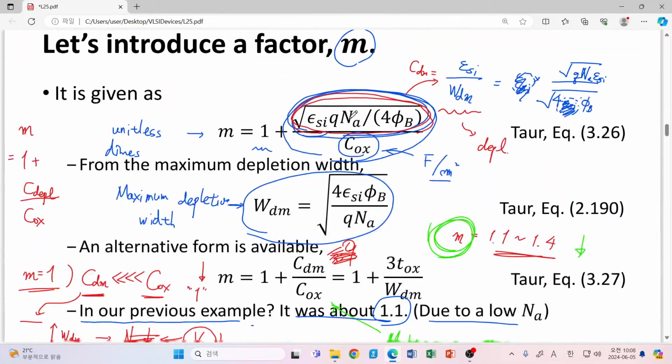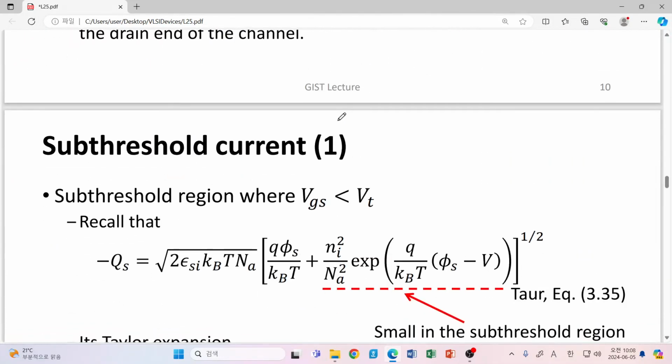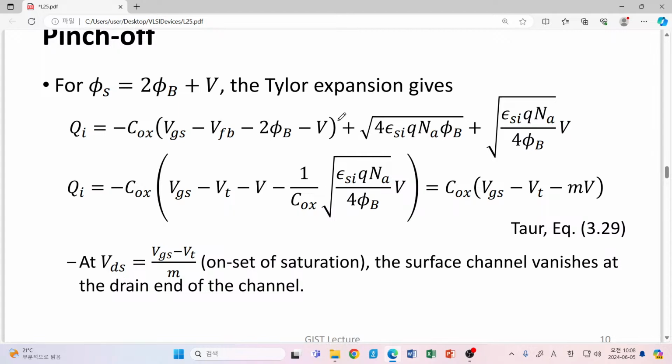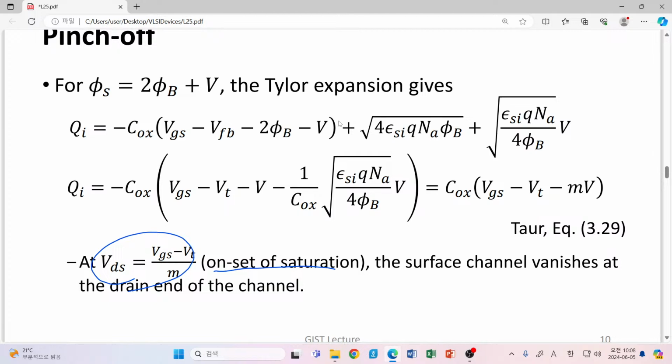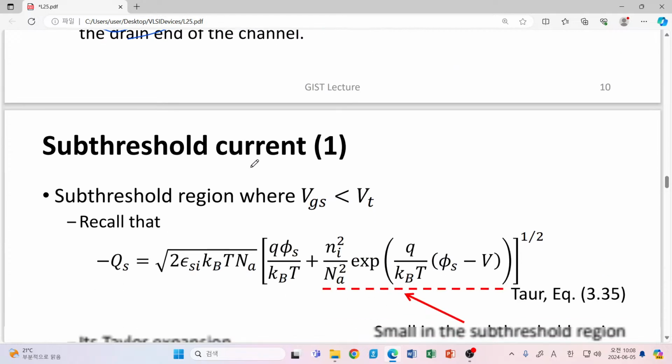Simply speaking, beyond this peak point, when we have the drain voltage corresponding to the onset of saturation current, then our approximate expression loses its validity, so we have to just keep it as a constant value.